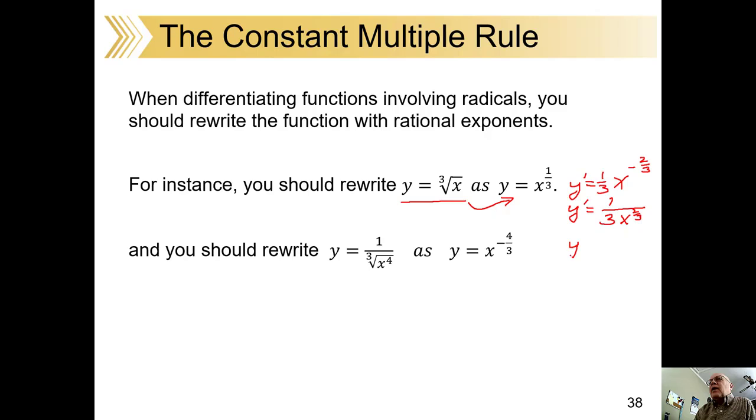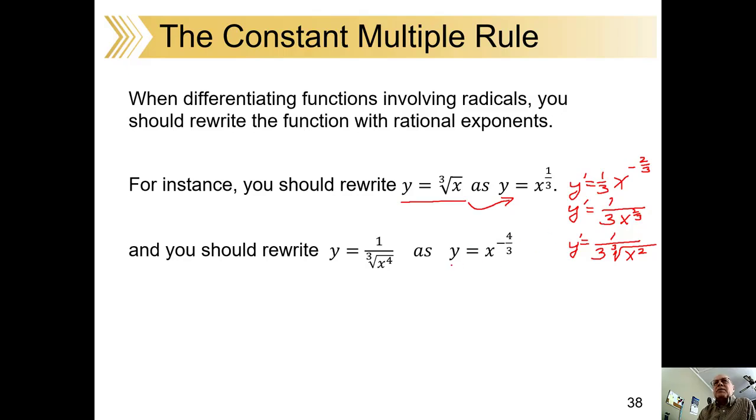If you want to be a perfectionist, that 2/3 means power of 2 and the root of 3. So we have 3, that's our constant. We've got the cube root of x squared. There you go. You could do other things with it. That's good enough for right now.